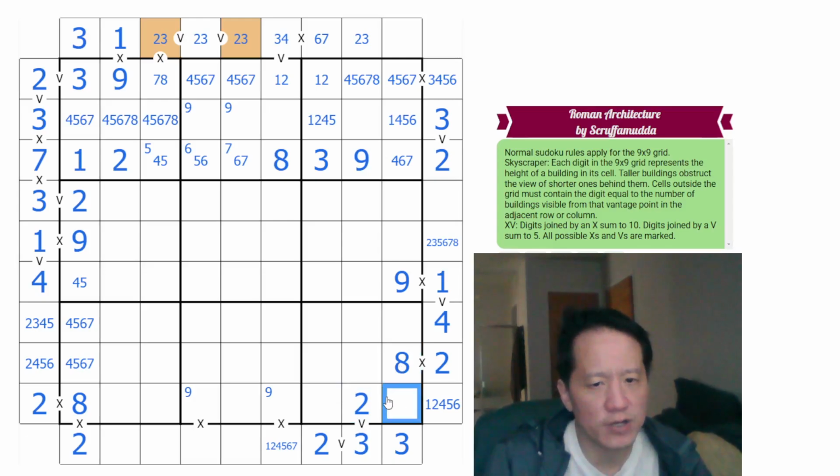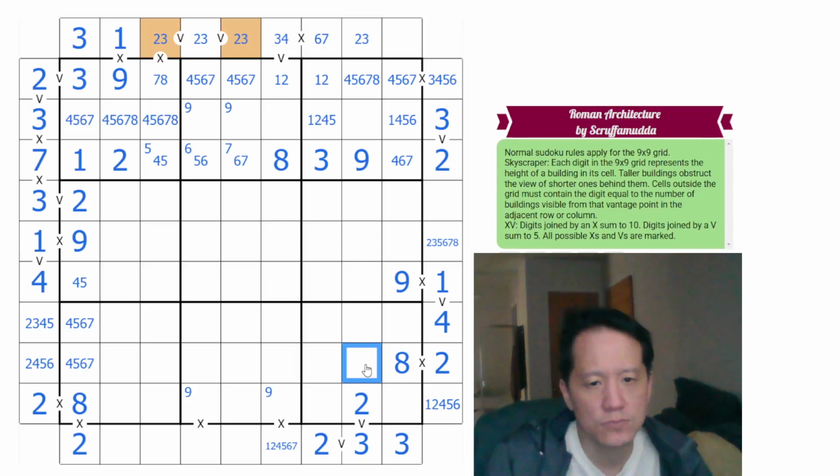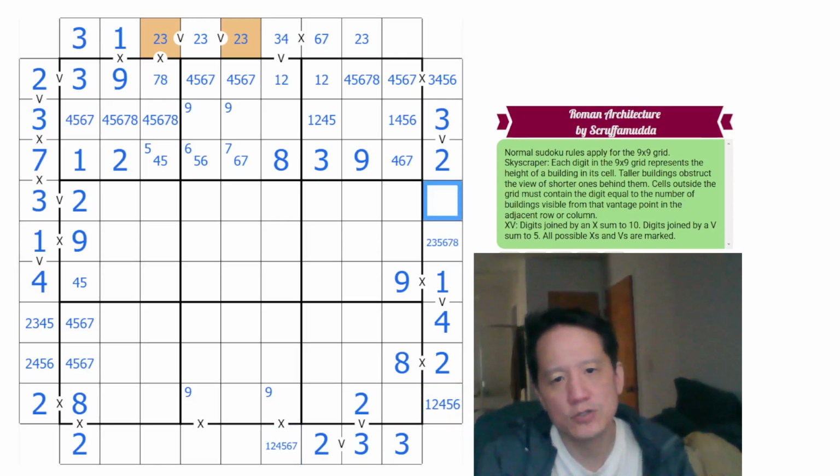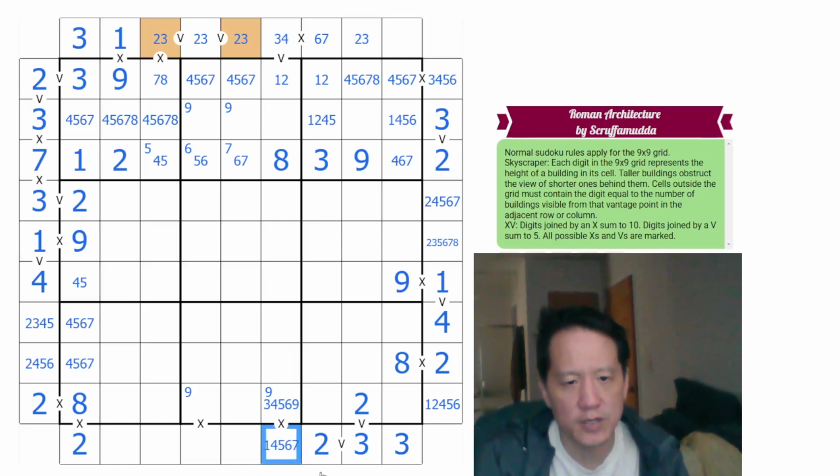This cannot be 3, obviously. This can't be 2, it can't be 3 or 8, can't be 1. It could be 2. 2, 4, 5, 6, 7. So this could be 3, 4, 5, 6, 8, or 9, but it can't be 8 here, so this can't be 2.